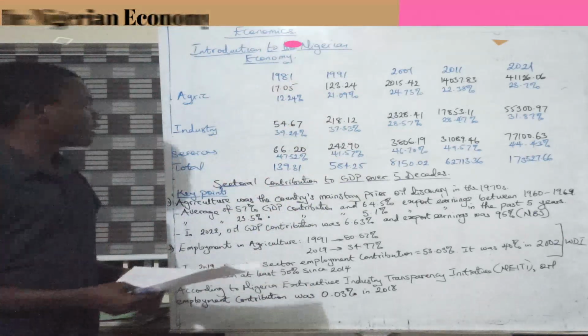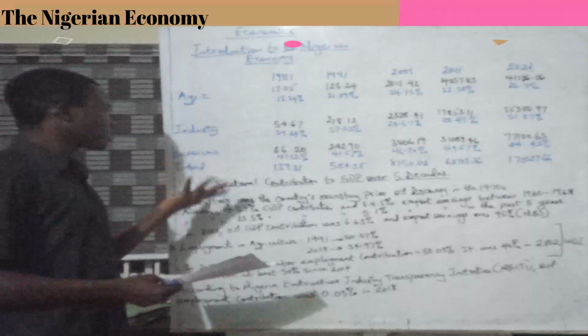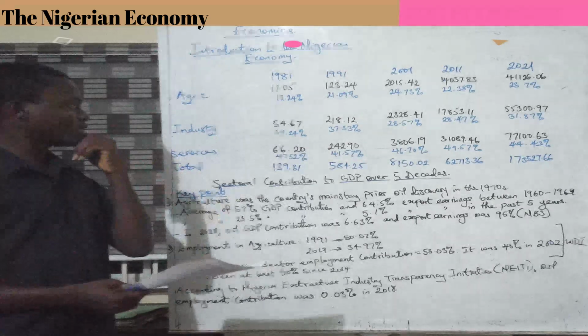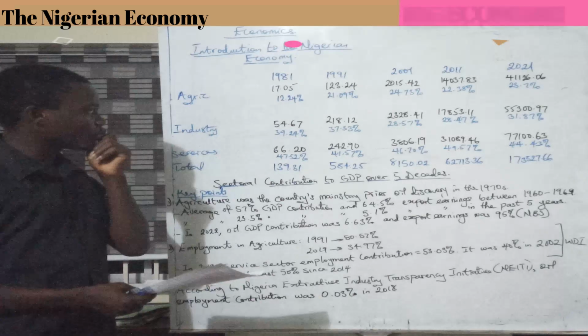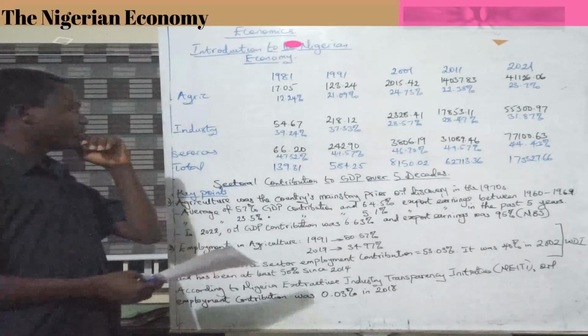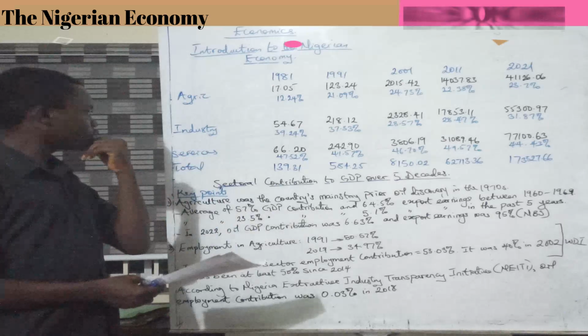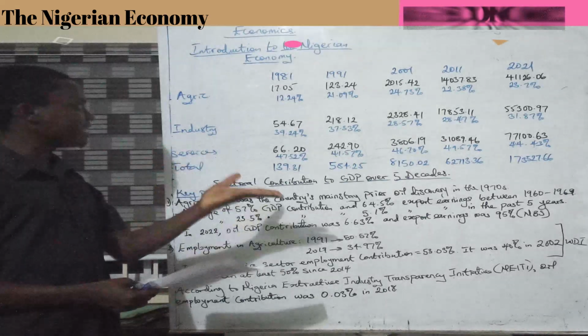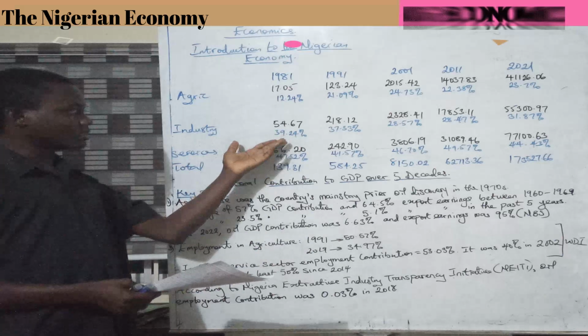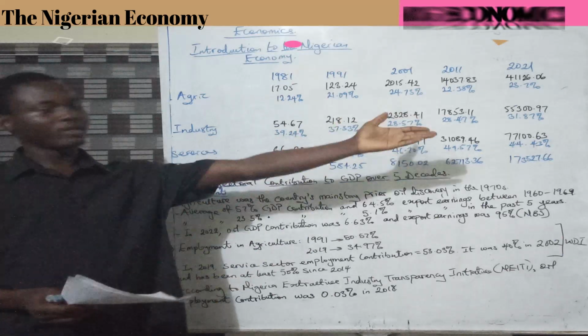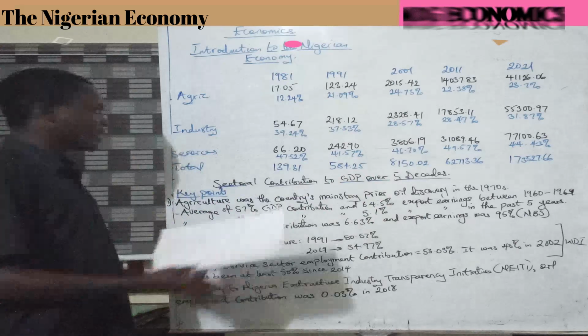Now, industry: what is the sectoral contribution of the industrial sector to Nigeria's economy? Looking at this data set, the industrial sector's contribution to GDP was highest in 1981, which is obvious. It was highest because this is 39.24, 37, whatever, then to 31. So that's a point.